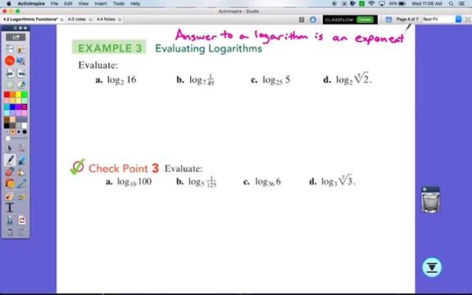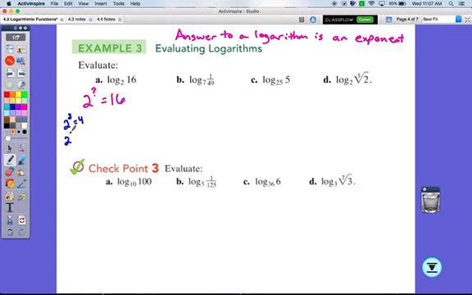So when we look at logarithms, we can ask, what number do I need to raise the base to? So 2 to what power gives me 16? You don't have to write it down like this, but that's what you're thinking. I know 2 squared, 2 times 2, is 4.